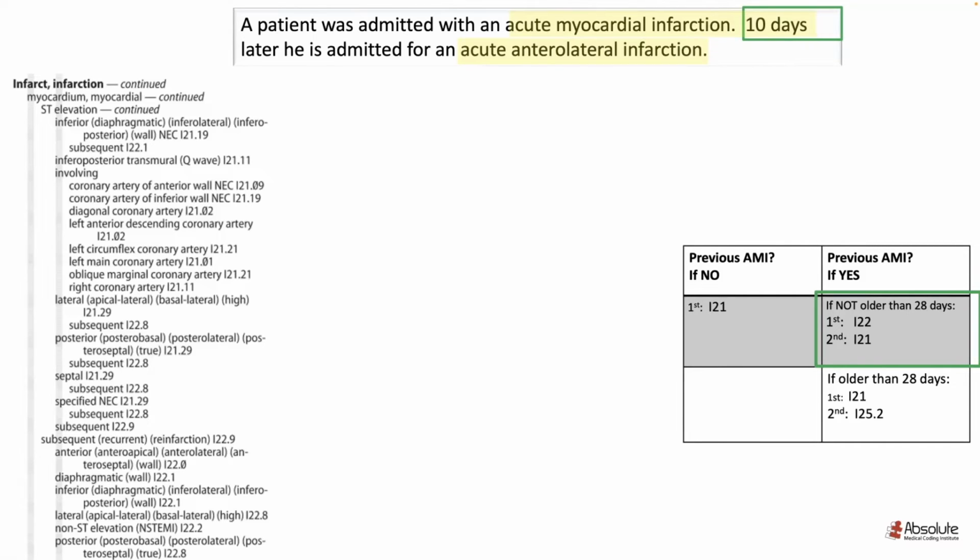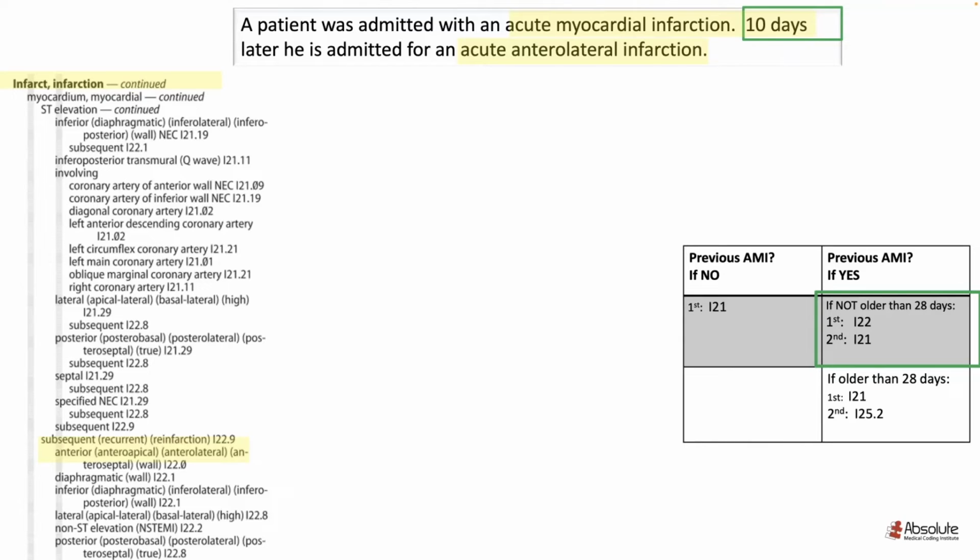Now let's go ahead and look up our terms. Let's look up the RFE first. The reason for the encounter is the acute anterolateral infarction. So we're going to go to infarction and make sure myocardium is underneath it. Myocardium is our subterm. Then we continue down until we find subsequent, subsequent or recurring in reinfarction.